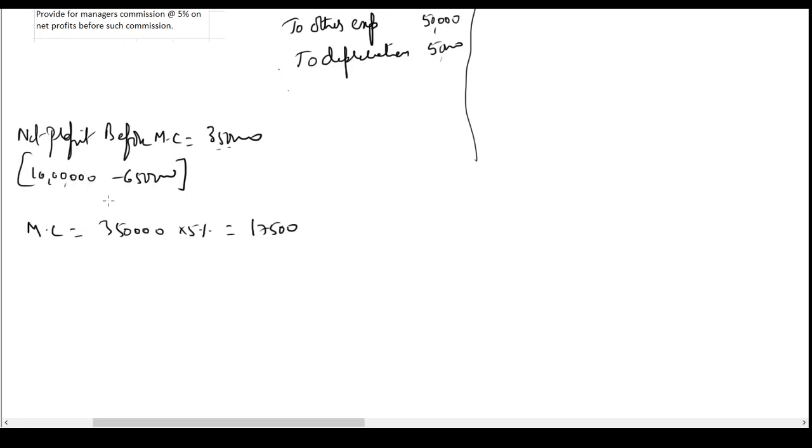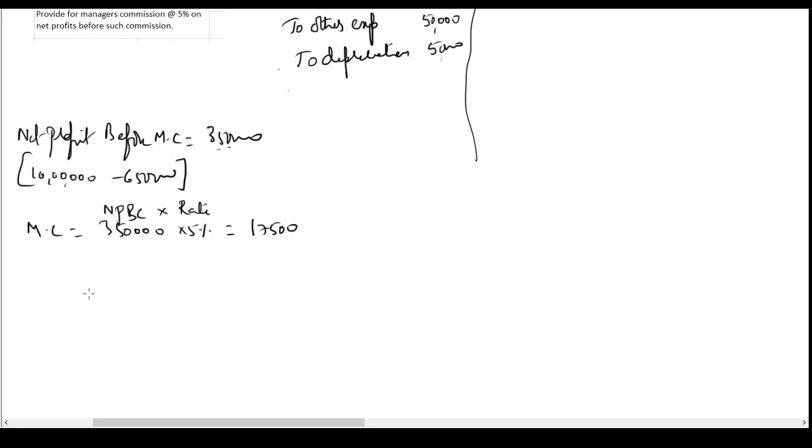So this is net profit before commission and this is the rate of commission. So what I have done is I have calculated the net profit before commission. How did I calculate the net profit before commission? Gross profit minus expenses other than manager's commission. I get the net profit before commission multiplied by the rate of commission, that was 5%. I got 17,500. Now I have to provide for it.